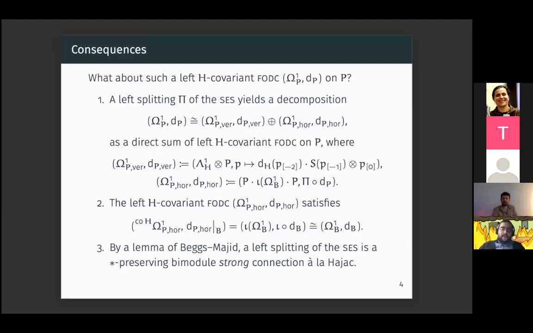So for it to be a strong connection, it means that in this P omega 1 of B by P, once you apply D to P and you project, you just get the P's on one side, depending on what side your covariance is.